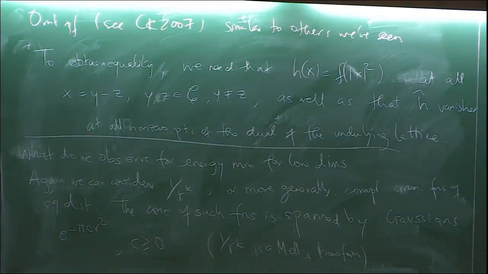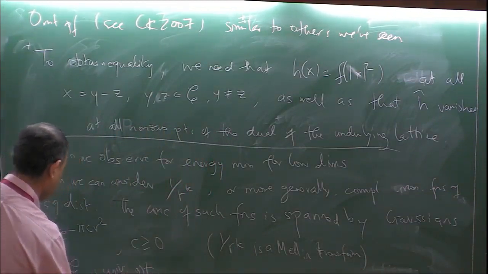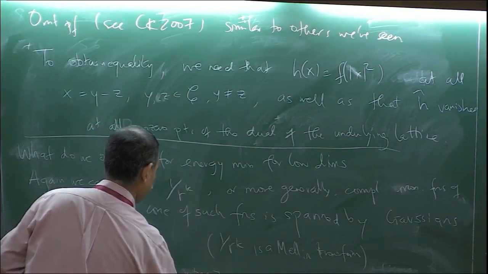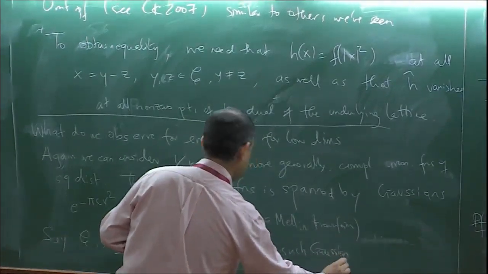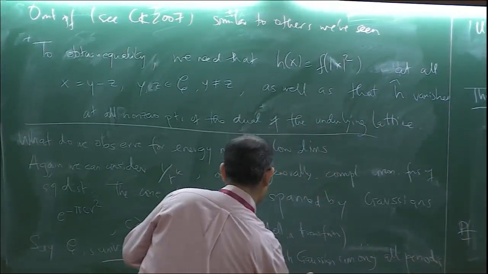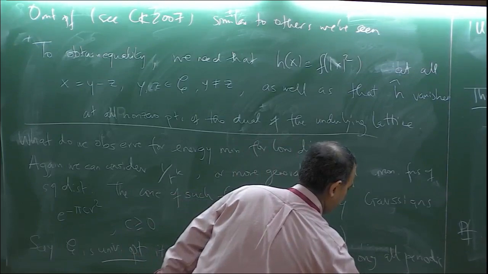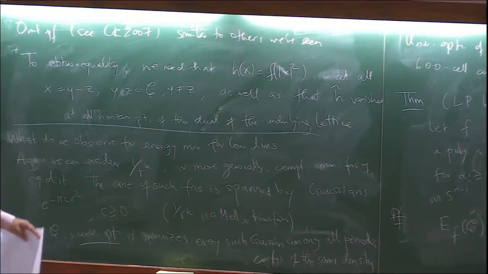Okay, before I give you the experimental results, let me say that C is universally optimal as before if it minimizes every such Gaussian among all periodic configurations of the same density, namely the density of C. If this is the global minimum for every Gaussian energy, which is a very strong condition, then you say it's universally optimal.